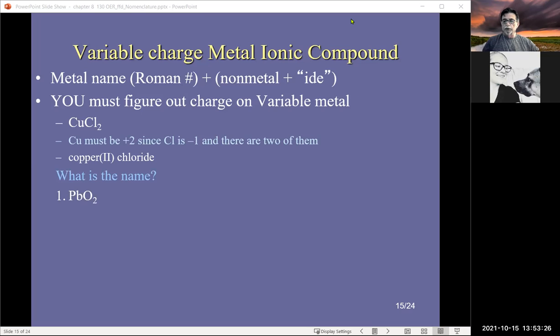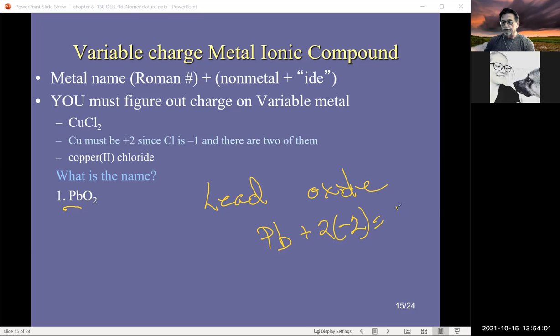Okay. Well, here we go with oxide, lead oxide. It would be incorrect just to say lead oxide because lead is not part of the sweet 16. The 16 are a fixed charge. Lead is not part of it. So we have to calculate and determine what it is. We know that we've got Pb, and there are 2 oxygens and each one has a -2 charge.